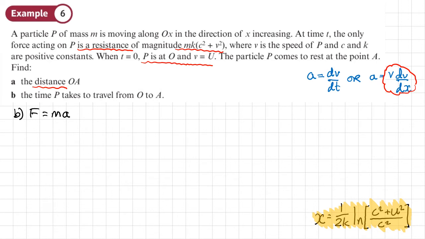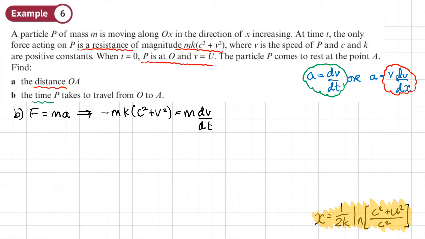This time we want to find the time, so we replace A with dv/dt, so that we can get an expression that has t in it. So our force is the same, that resistive force of negative mk (c squared plus v squared) is equal to m times A, which is going to be dv/dt.